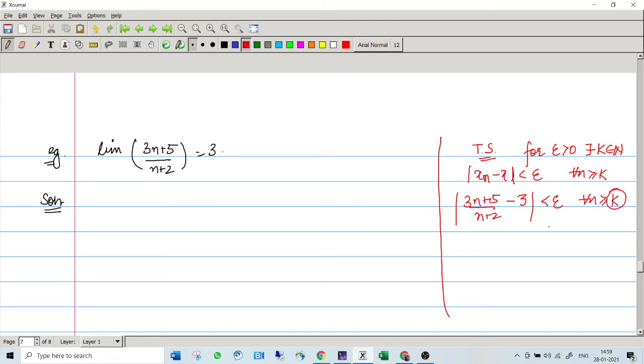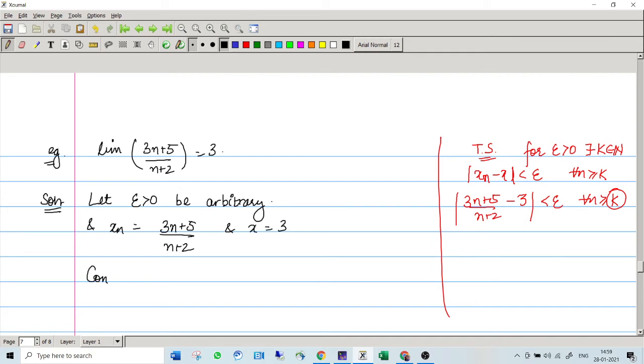Right? So let us write how to attempt this. You'll write: let epsilon greater than 0 be arbitrary, because for any epsilon we want to show this. Let us take a general random number, which we generally call an arbitrary number in the mathematical sense. So let epsilon greater than 0 be arbitrary, and let xn be equal to (3n plus 5) upon (n plus 2) and x be equal to 3.